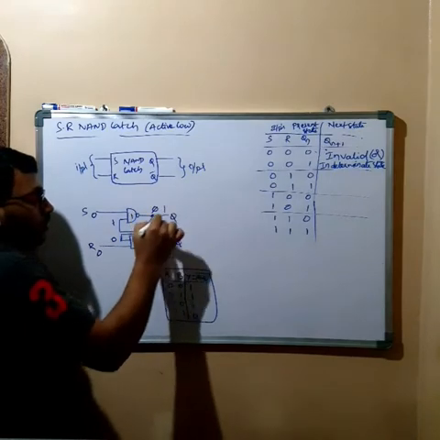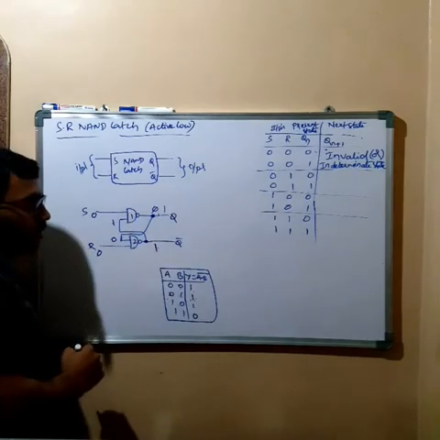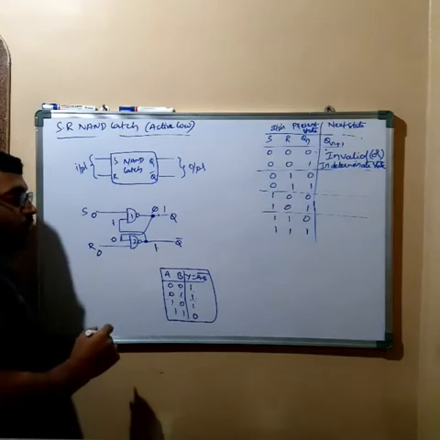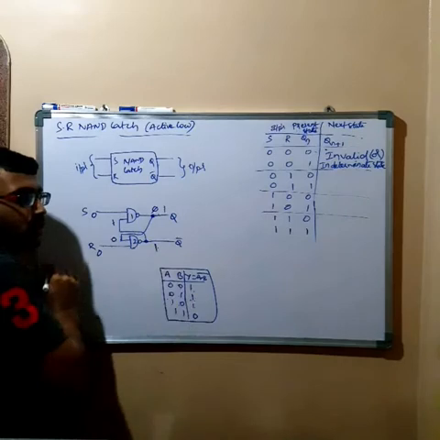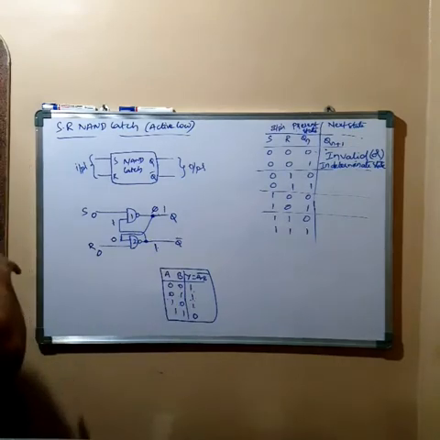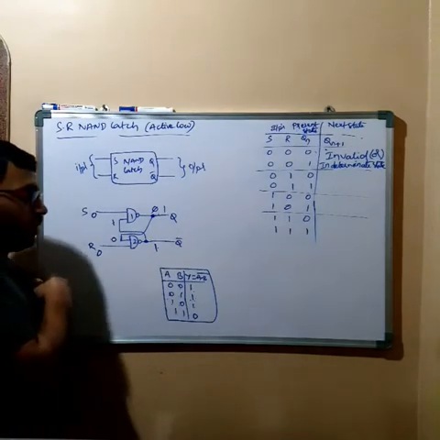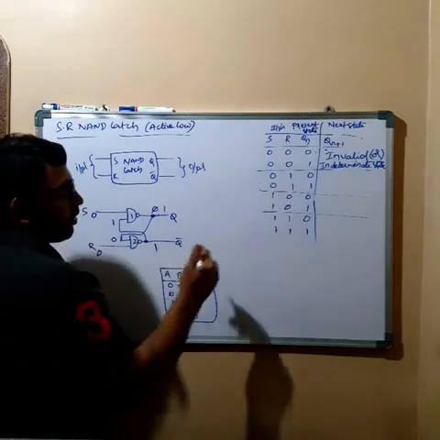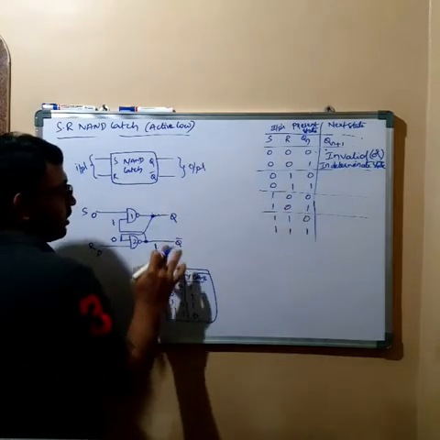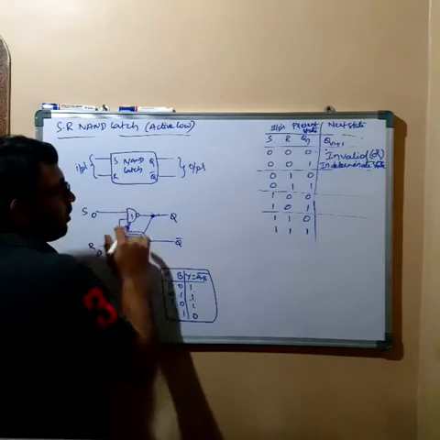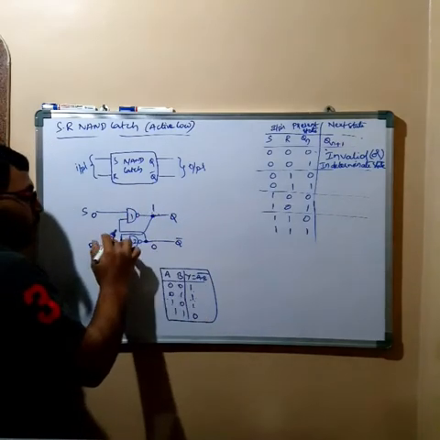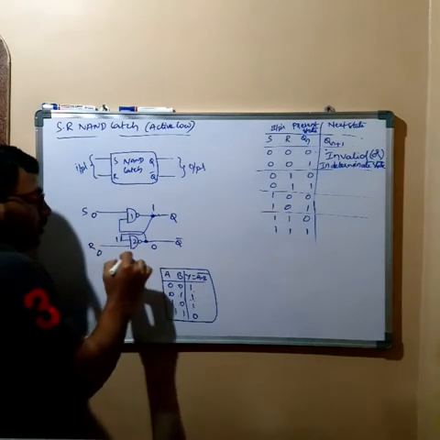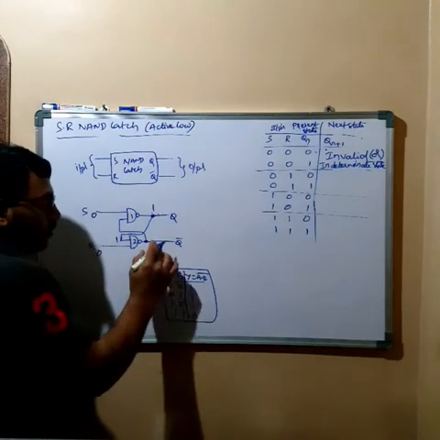You got 1 1, that is true output is 1, complemented output is 1. Let us see the next combination, whether we are getting a valid state or not. 0 1, the past output is assumed as 1.